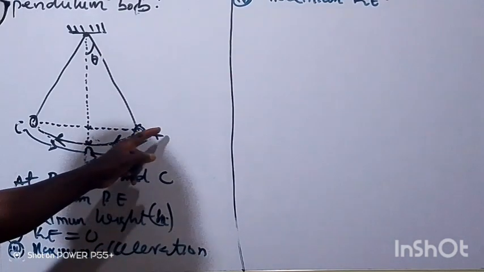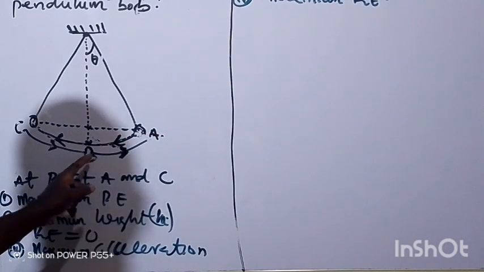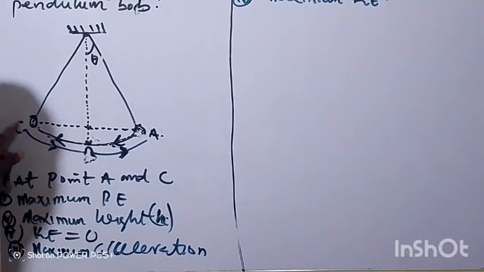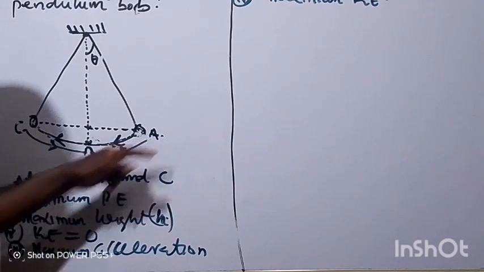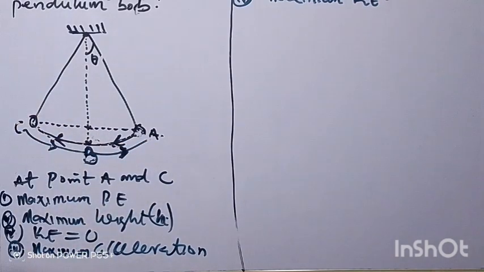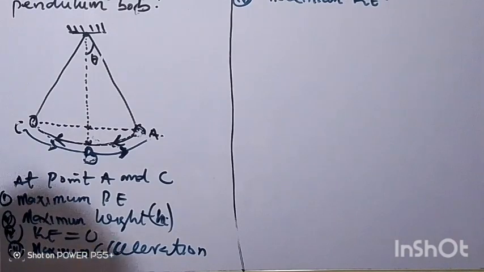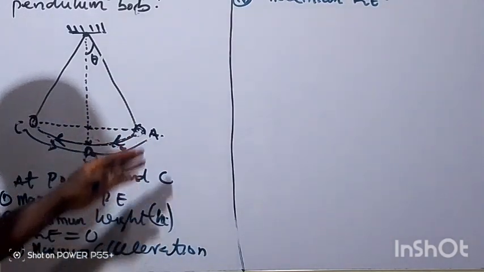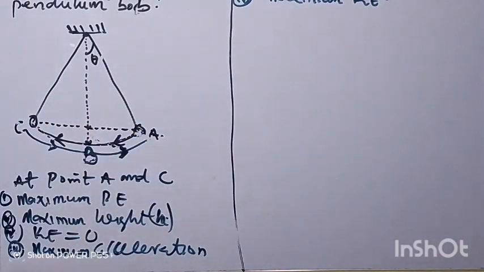It will move from A to B, from B to C, and back from C to B, and from B to A again. So at A and C, the pendulum will have maximum acceleration. That is about the movement of this simple pendulum bulb.